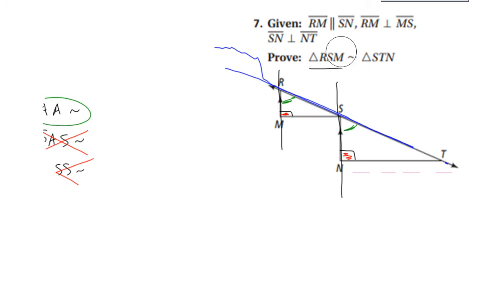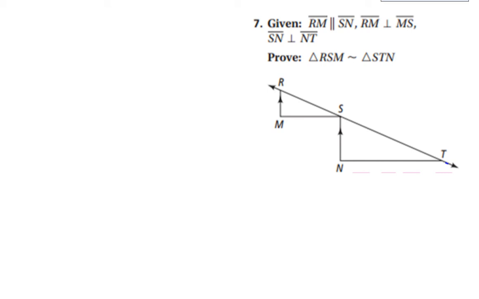Okay, so let's get started. First order of business is let's get our statements and our reasons down. The first statement is going to be line segment RM is parallel to line segment SN. The reason for that, given. I don't immediately throw the other givens down on paper. What I do is I start stating what I know because these two lines are parallel.